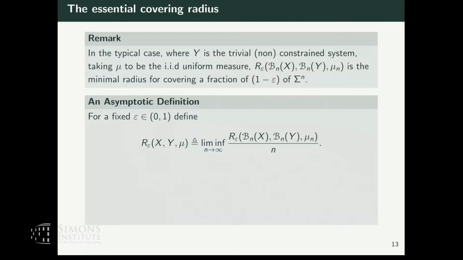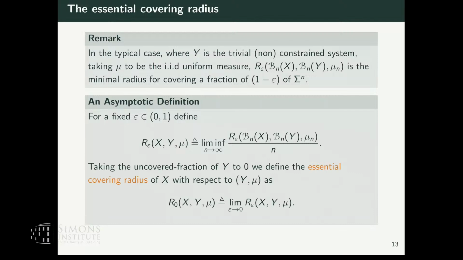We normalize by n for a given epsilon, which appears here in the subscript, and then we take the limit as n goes to infinity. But then we also take the limit as epsilon goes to 0, which essentially gives the essential covering radius: how much radius we need to cover all of the space with high probability.